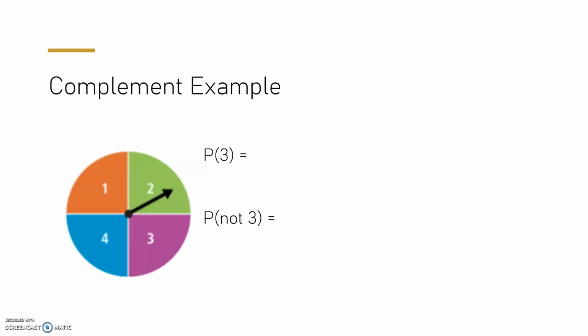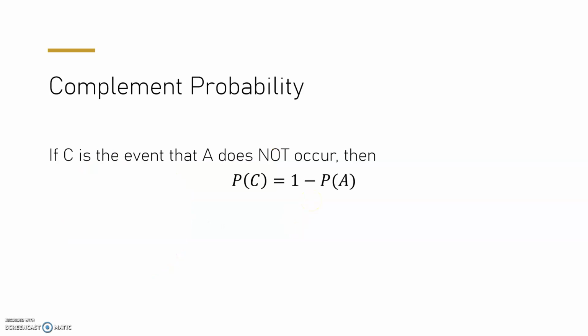An example of a complement would be the probability of spinning a 3 would be 1 out of 4, and the probability of the complement of that would be 3 out of 4 because there are 3 numbers that are not 3. For complement probability just in general, if you're trying to figure out the complement, that would be 1 minus the probability that A does occur.